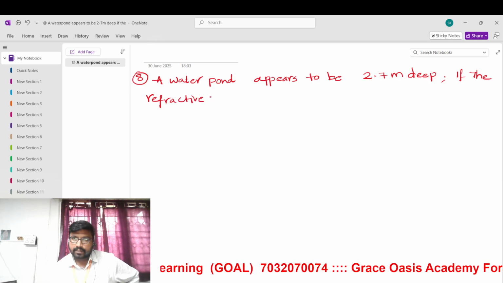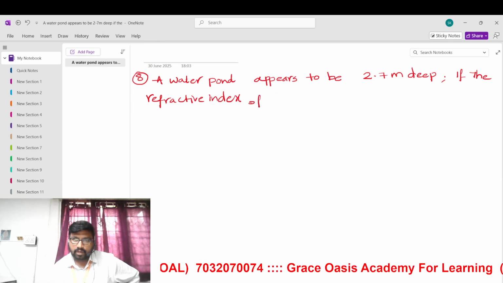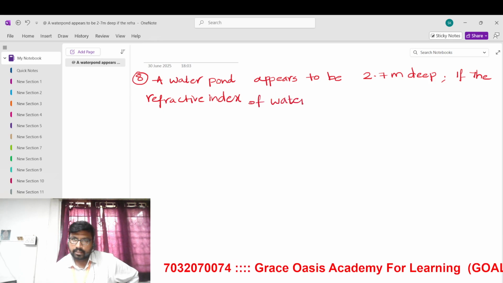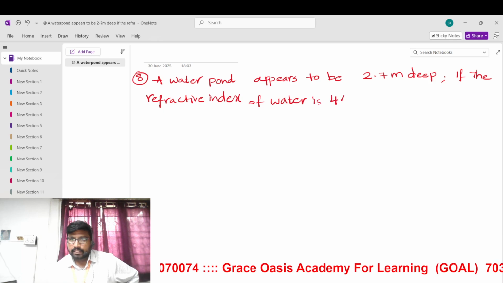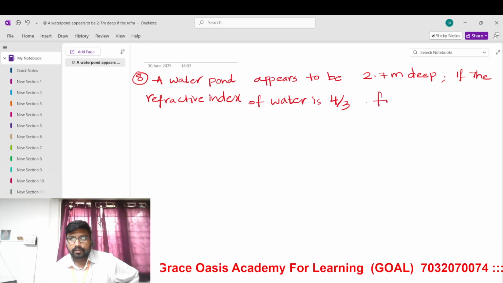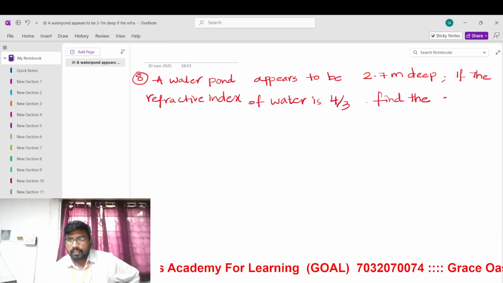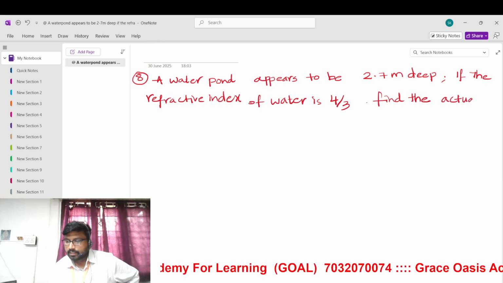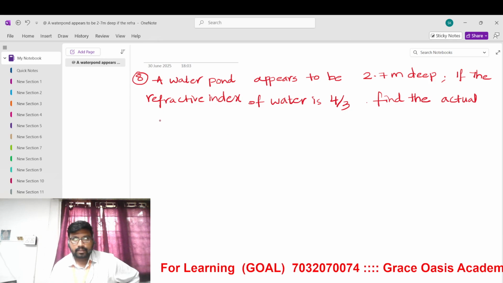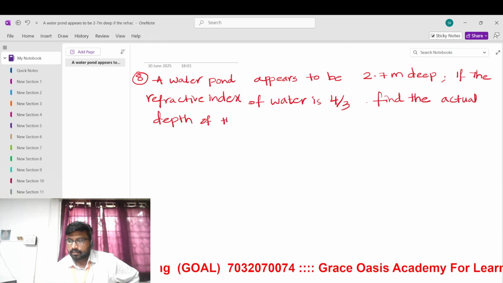If the refractive index of water is 4 by 3, find the actual depth of the pond. The actual depth means what? Real depth, actual depth of the pond.